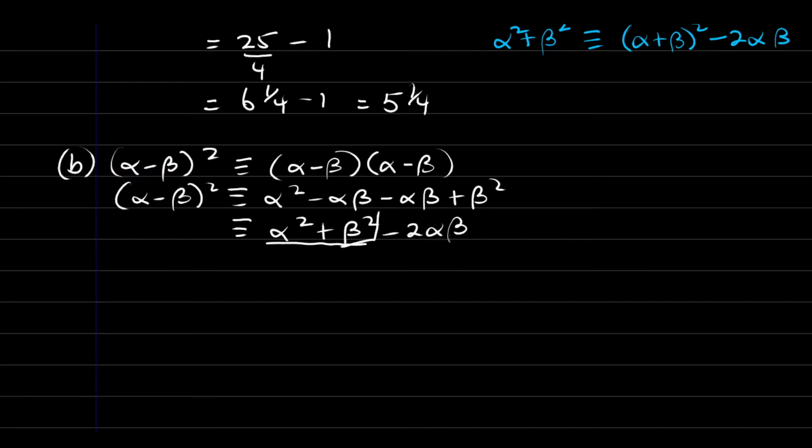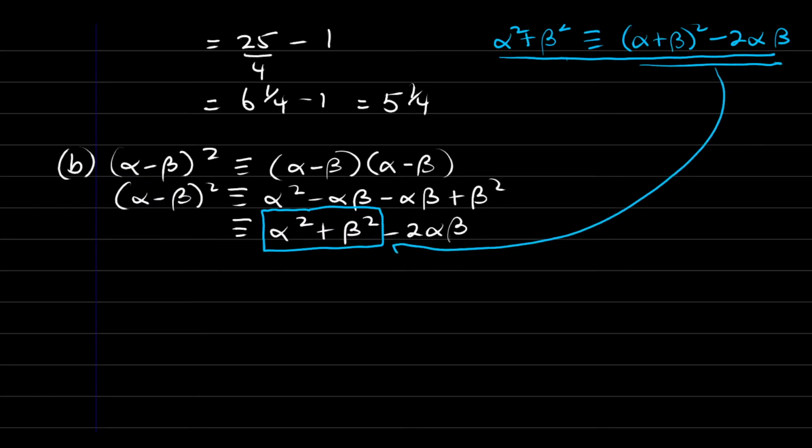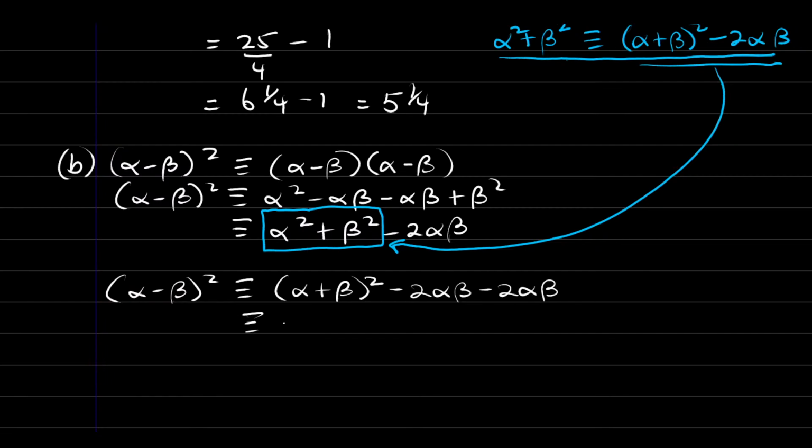All right, so alpha minus beta squared is the same as this minus this. I already have something for this here, which is this up here, right? So this part here can simply come in and replace this, right? And what I can get is that alpha minus beta squared is going to be equivalent to alpha plus beta squared minus 2 alpha beta minus 2 alpha beta, and that is equivalent to alpha plus beta squared minus 4 alpha beta.